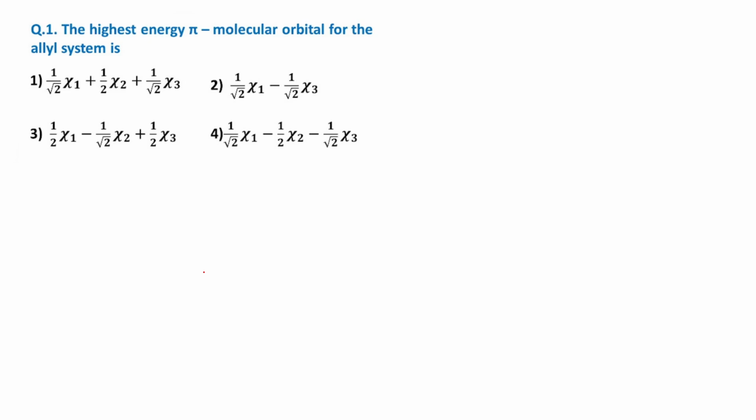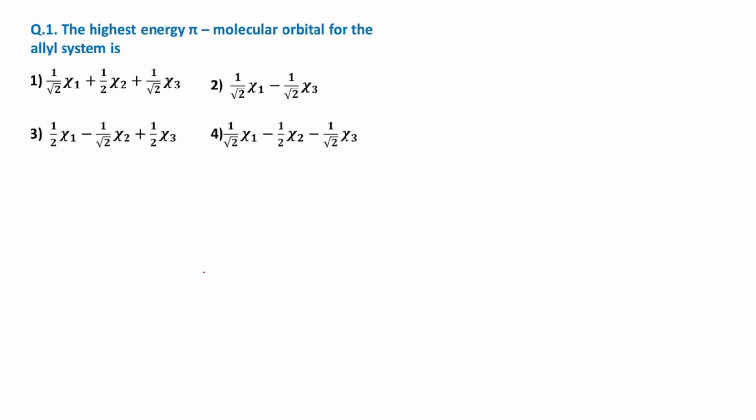Anyway, the first question is: the highest energy pi molecular orbital for the allyl system is. Four pi molecular orbitals are given in the options. We have to find out which has the highest energy.